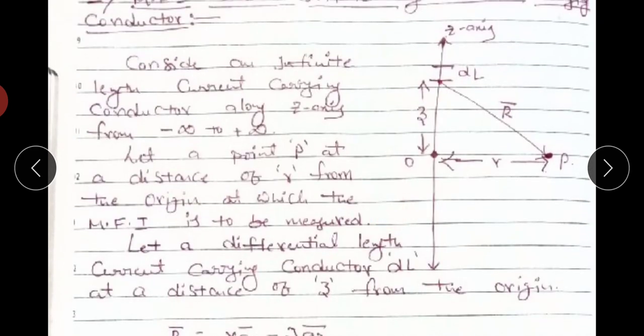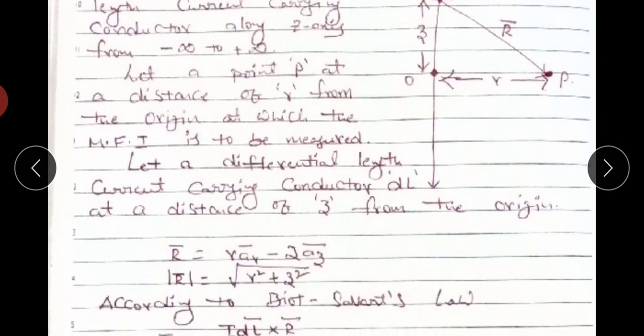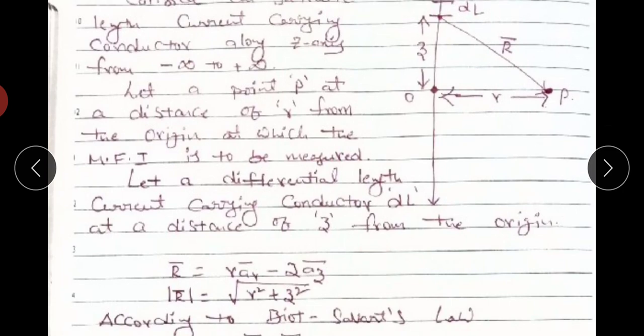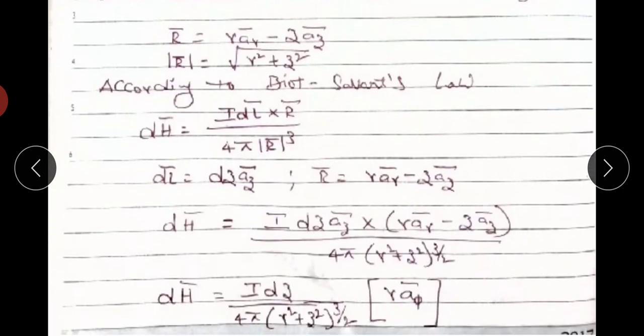If we considered the conductor on the y axis, then the differential length would be dy into ay bar, but here we consider the conductor along the z axis. So dl bar equals dz into az bar. The coordinate system we assumed is the cylindrical coordinate system, that's why the unit vectors are ar bar, a phi bar and az bar.